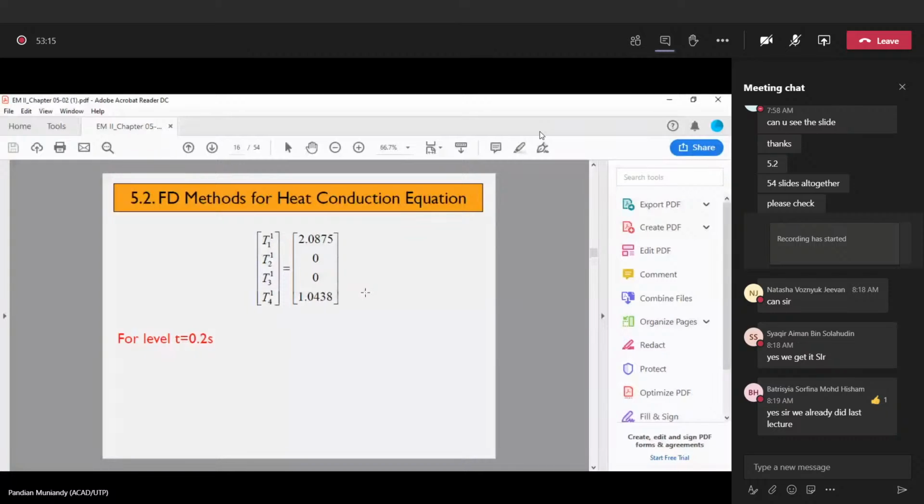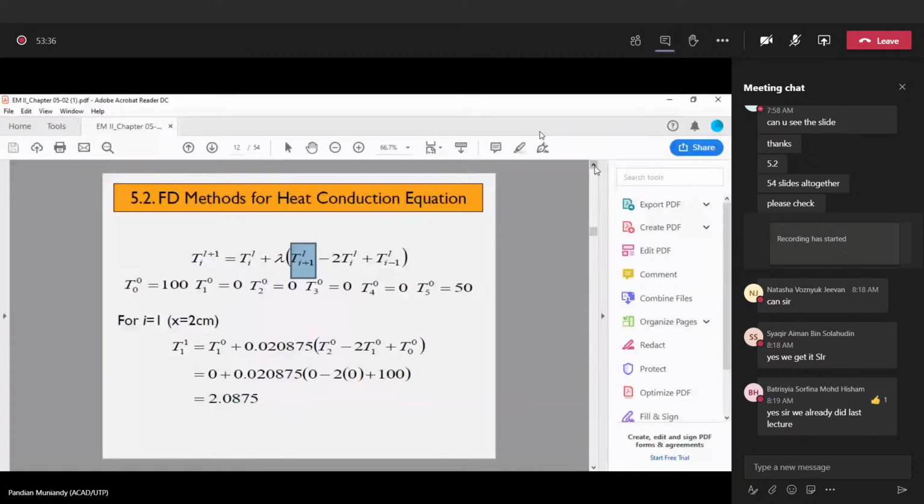And then I equals 2, I equals 3, I equals 4, you can do it yourself. So now you already have T superscript 1 subscript 1 is 2.0875 plus lambda, which is 0.020875, multiplied by T superscript 1 subscript 2.